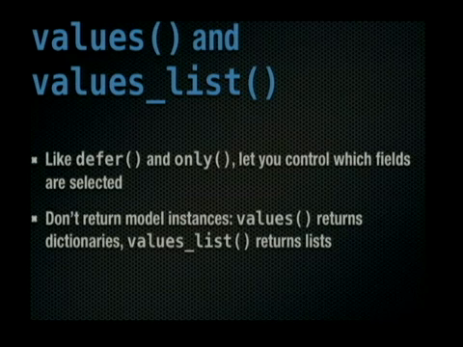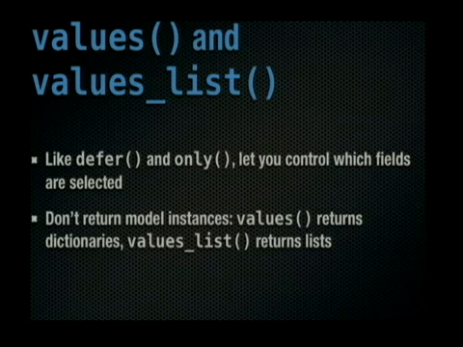Values list is actually kind of fun because if you're selecting exactly one attribute off of your model, you can pass an argument which I believe is called flat equals true into values list, and you will simply get a list of all the values for that attribute on every instance of your model in the ordering you specified, which sometimes is really, really handy.